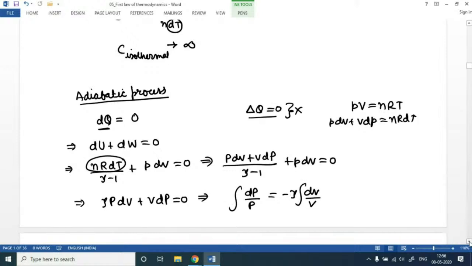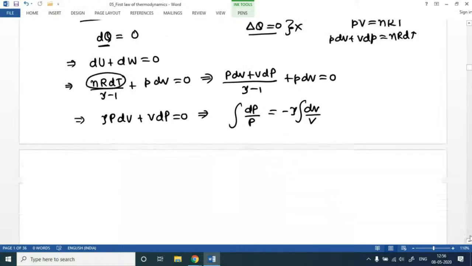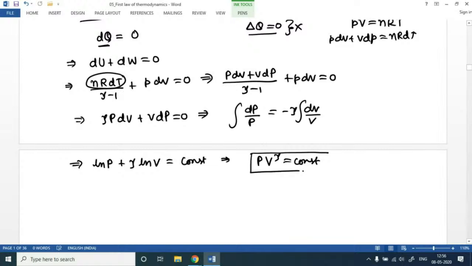What you will be getting over here is nothing but ln P plus gamma ln V is equal to some constant, and you can rearrange it to give PV to the power gamma is equal to constant over here. So for an adiabatic process, the pressure and volume will be related by this expression, PV to the power gamma is equal to constant.